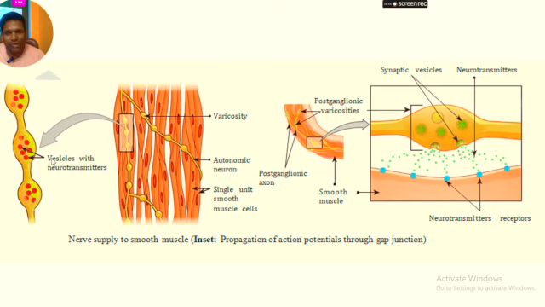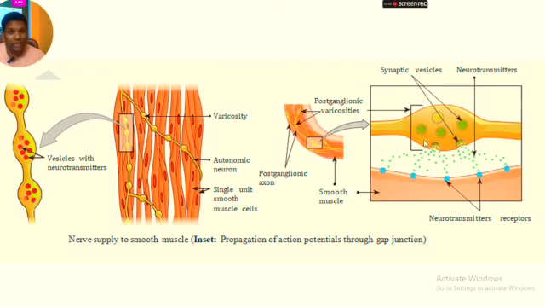This is a single unit smooth muscle fiber, whereas in multi-unit smooth muscle fiber, it is almost like a neuromuscular junction, the same as a synapse. The vesicle is there, the neurotransmitter is released, and it goes and binds with the receptor over the smooth muscle, on the postganglionic axons of the autonomic nervous system.